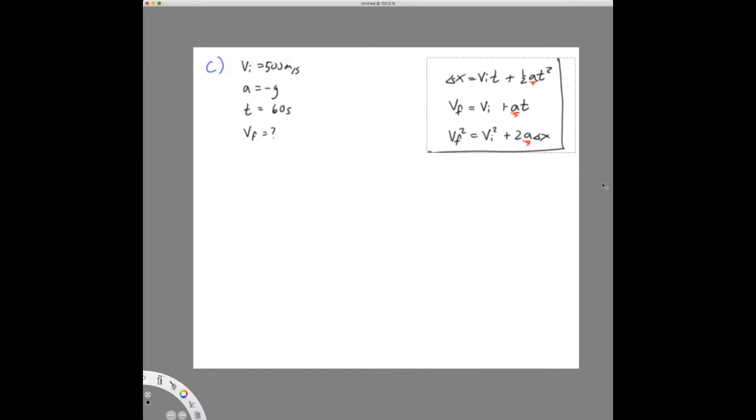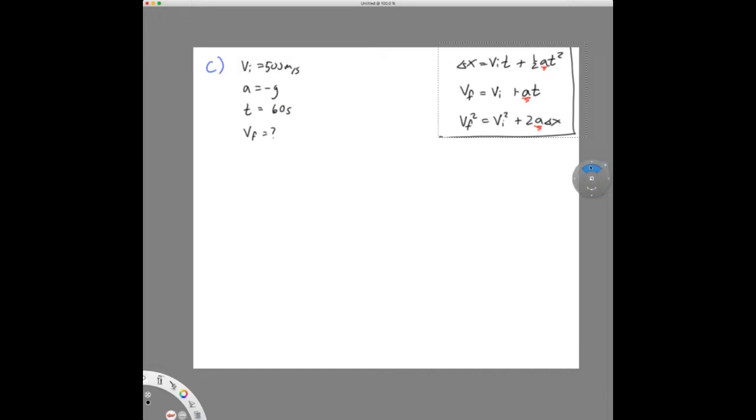And let's get our equations over here again. So when I look at this information translated in math and my equations, it's clear that I want to use the second equation, at least to me. We're looking for V final, it appears here, and we know V initial, acceleration, and time.